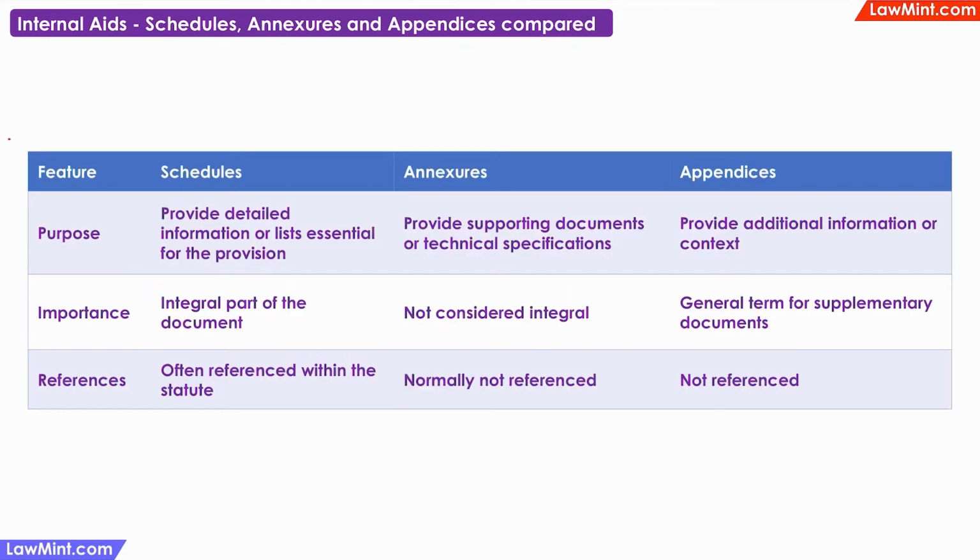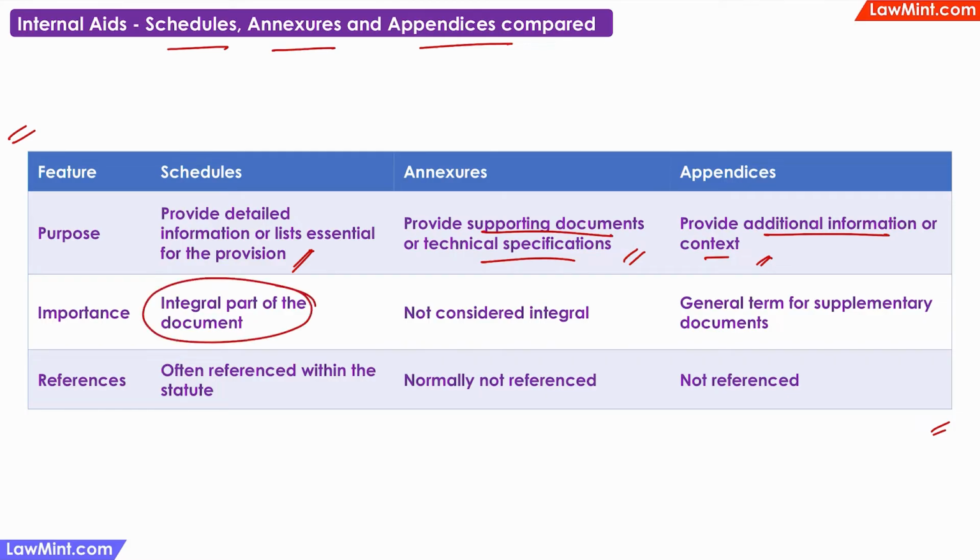This table helps us get clarity on the differences between schedules, annexures, and appendices. Schedules provide detailed information or lists essential for the provision. Annexures provide supporting documents or technical specifications, and appendices provide additional information or context. Schedules are normally considered to be an integral part of the document itself.